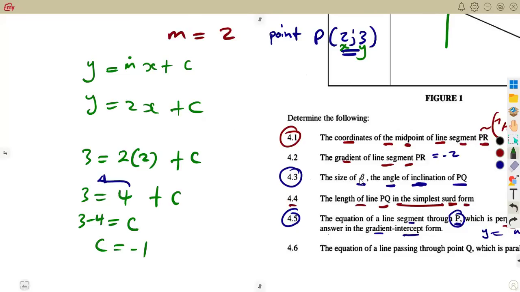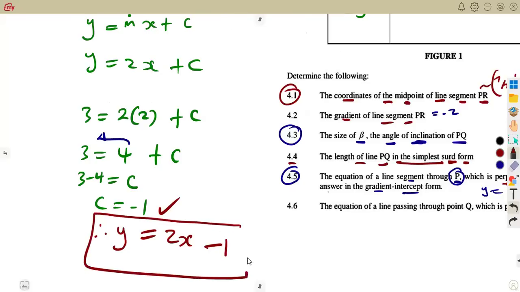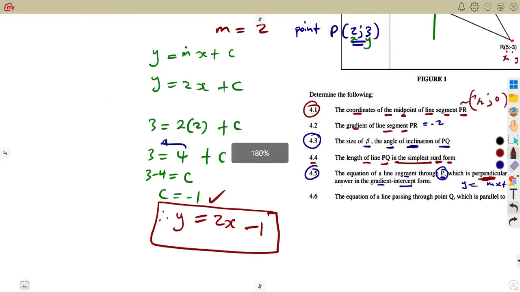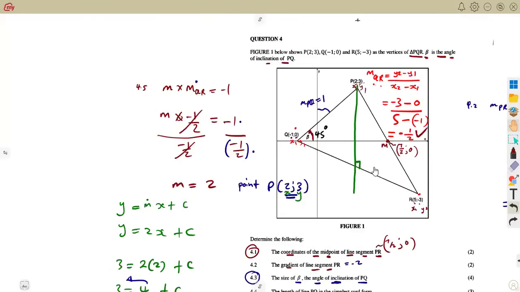Having this c and this part is enough for us to have a final equation. So therefore, y is equal to 2x plus c. Our c is -1. So that is our equation of that line, which passes through P and is perpendicular to this line.